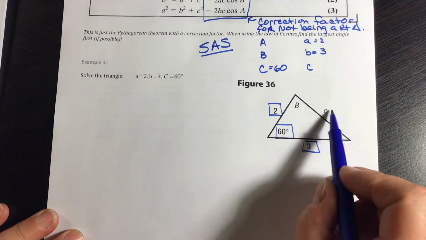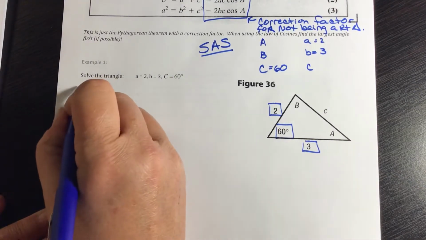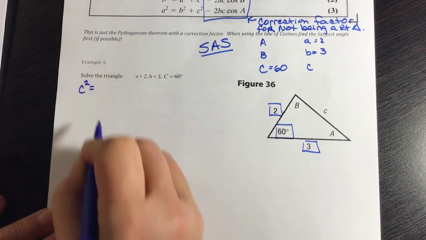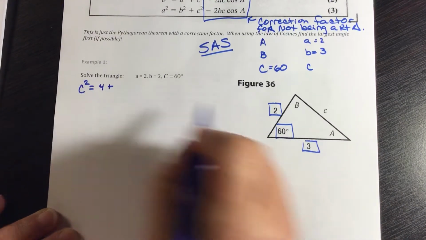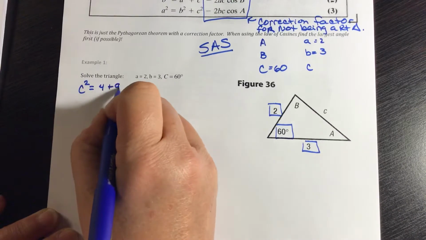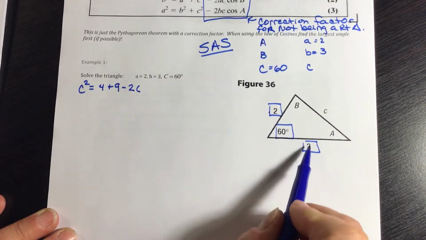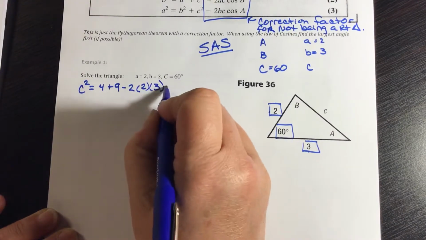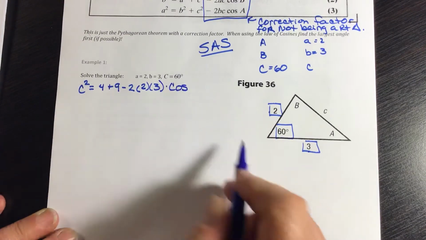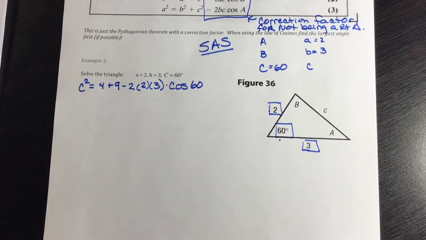Using the law of cosines, I'm going to have c squared equals a squared, and A is 2, so that's 4, plus b squared is 9, minus 2 times 3 times cosine of angle C, which is 60 degrees. All right, so this is all calculator work now.